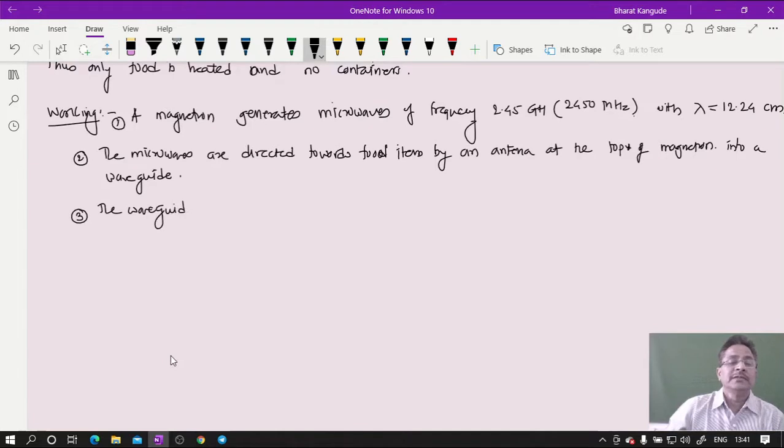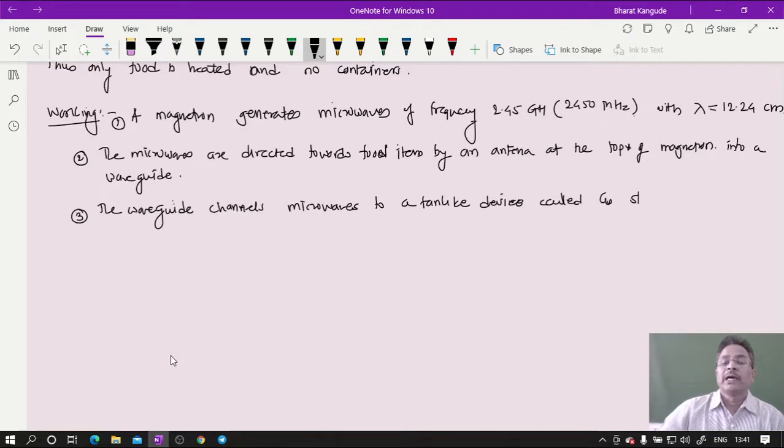The waveguide channels microwaves to a fan-like device called a stirrer. Okay, we use a stirrer in chemistry. Chemistry में stirrer वापरता.